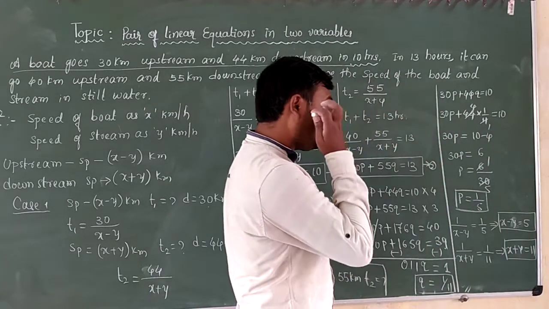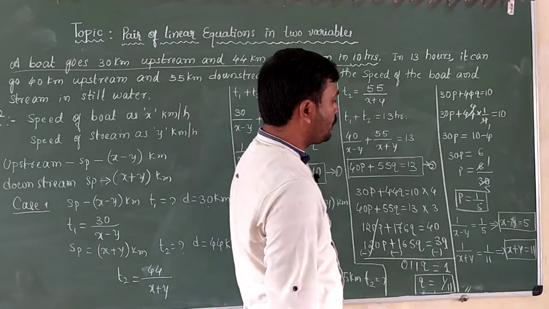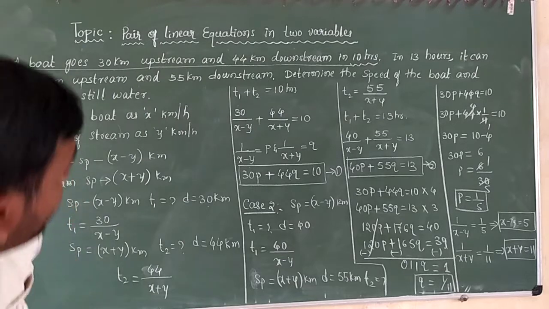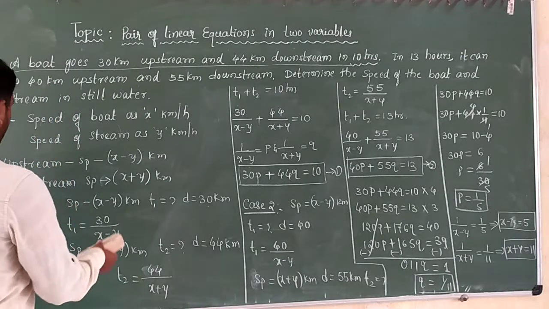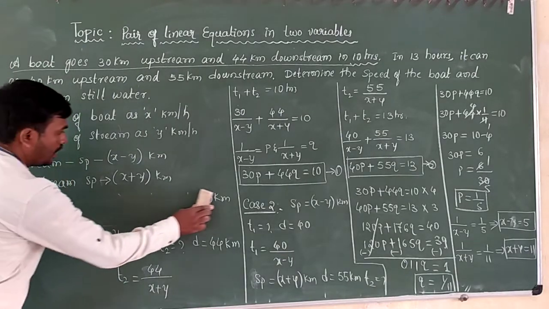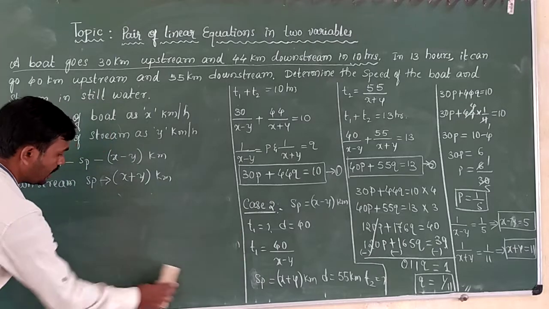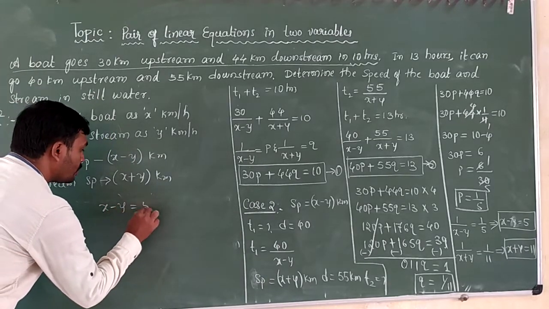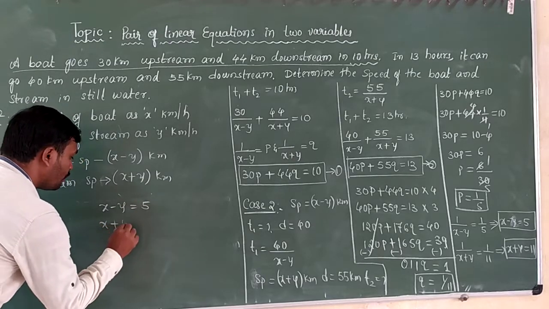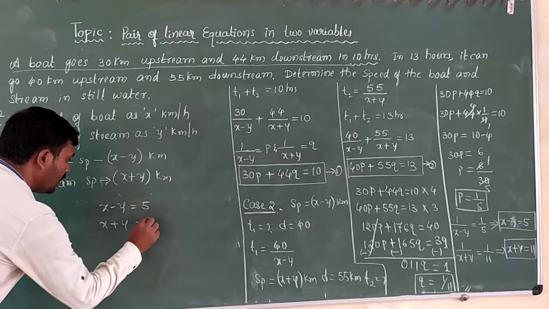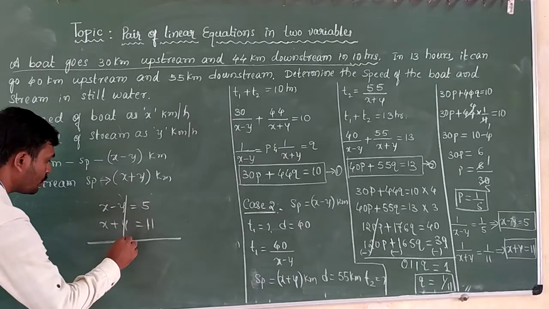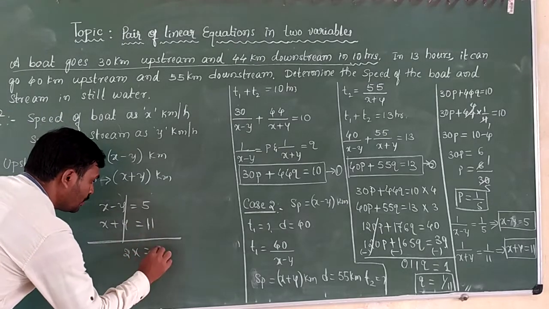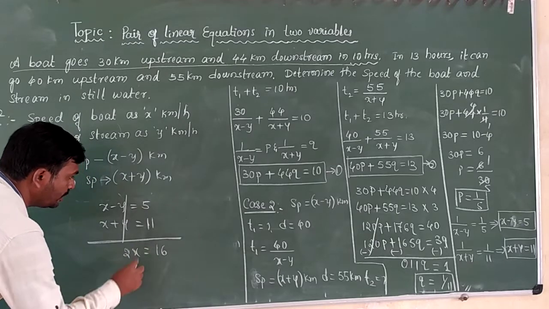To solve for x and y, let us solve this. So x minus y is equal to 5, x plus y is equal to 11. If we add these two, y gets canceled, 2x is equal to 16.